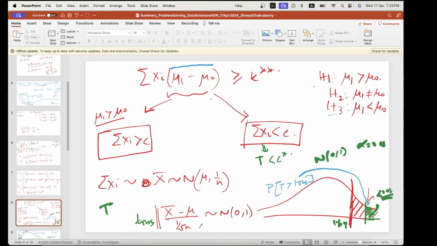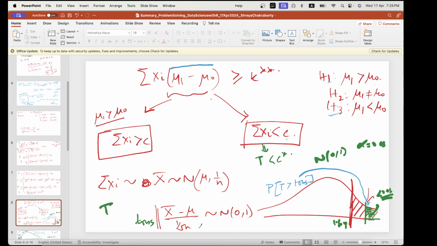And if H3 is my alternate hypothesis, then this quantity will be negative, so when I move it to the right-hand side, I'll have summation xi less than c. So this is the rejection region.